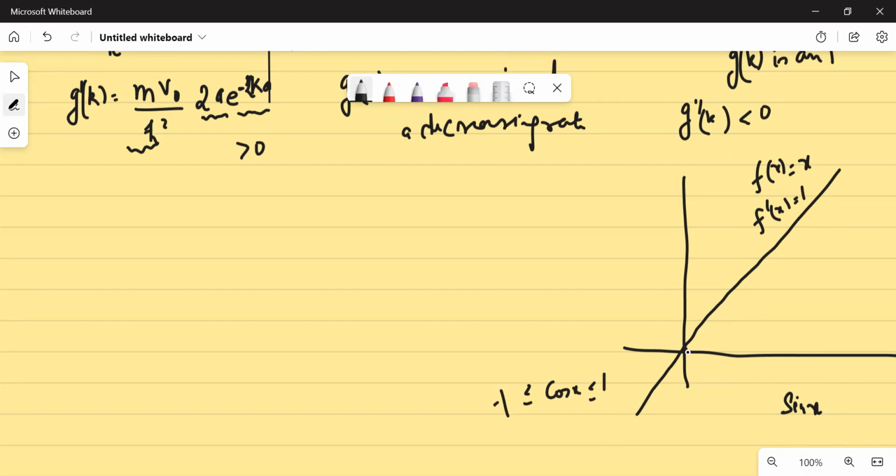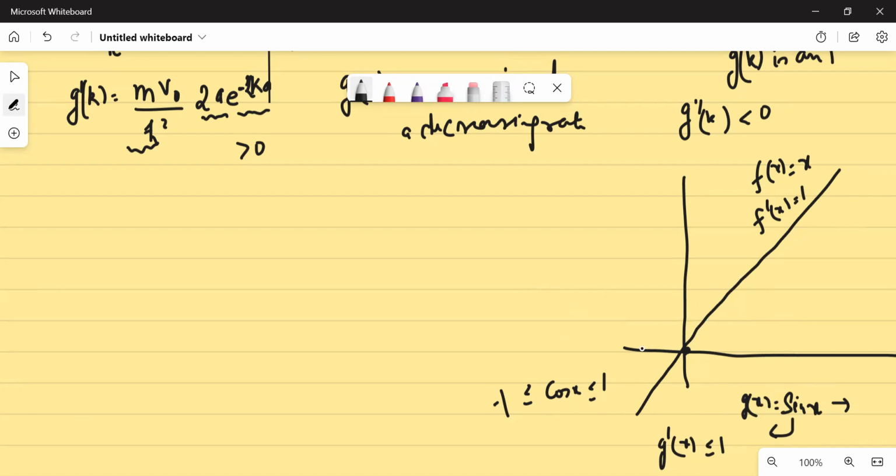Only at x equal to 0 will the derivative of sin x be equal to 1, because the derivative of sin x is cos x, and cos x always lies between -1 and 1. That implies if I say my g(x) is sin x, then g'(x) will always be less than or equal to 1. The slope of the line is 1, and the slope of sin x, given by cos x, will always be less than 1.